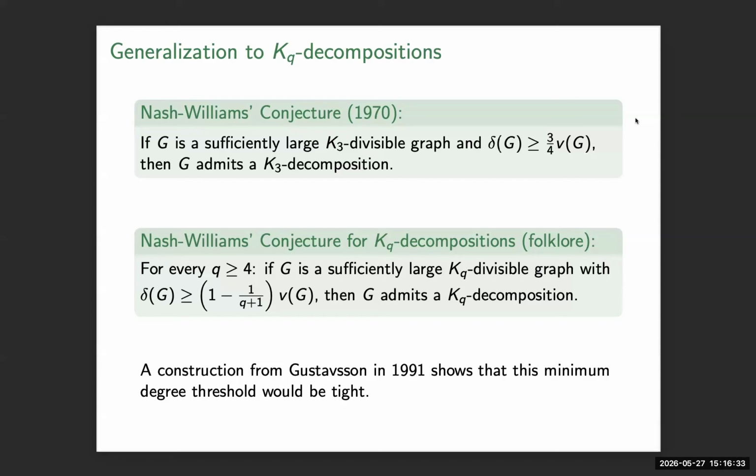And just as with the Nash-Williams conjecture, a construction, this time from Gustafsson in 1991, shows that this minimum degree threshold would be tight if it were true. And just as a little bit of intuition for where this number is coming from, if we plugged in Q equals 3, we would recover that 3/4 number. So this sort of makes sense as a conjecture.